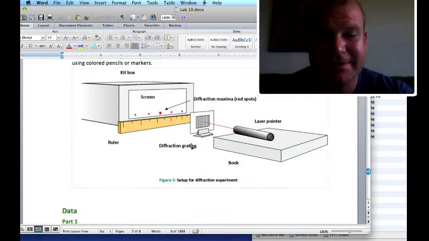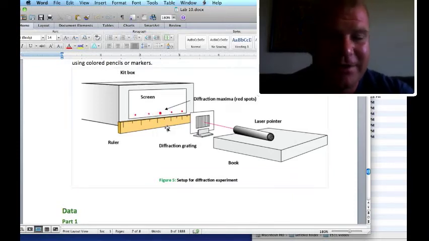So here's the apparatus. Take the laser pointer and diffraction grating. Try to get this perpendicular, a 90-degree angle. This is the primary spot right here, and then these are the second, maybe third order. If these distances are the same, then you've got it at 90 degrees.